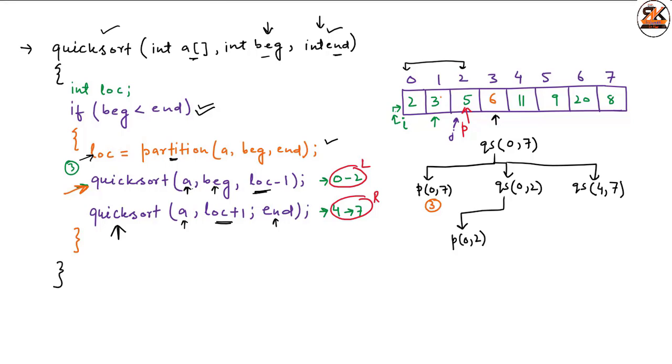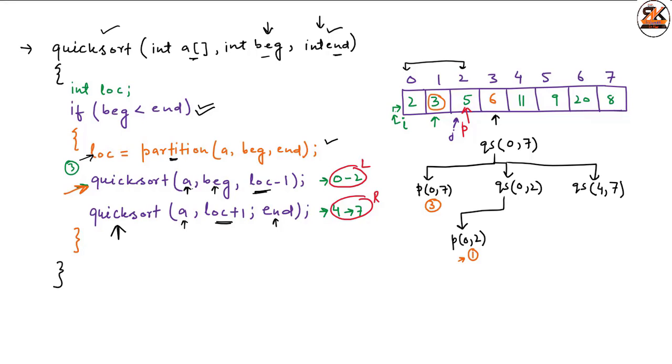So after that this pivot element has been placed at its appropriate place. And what will be returned after this? That's i plus 1. So i is 0 and i plus 1 is 1, so this is going to return 1.